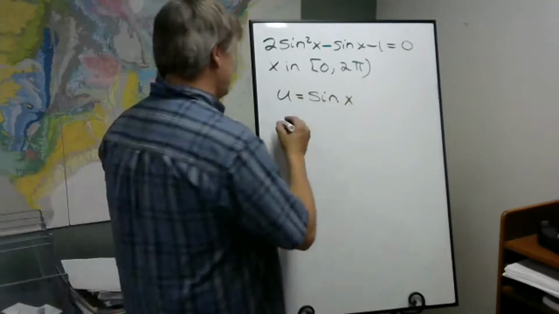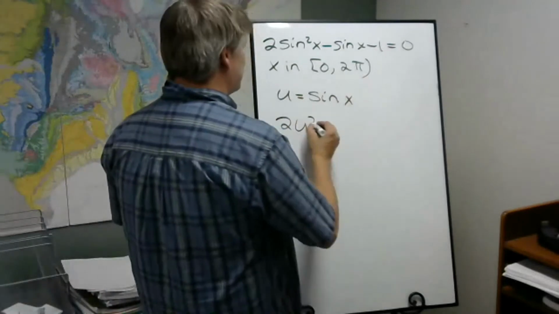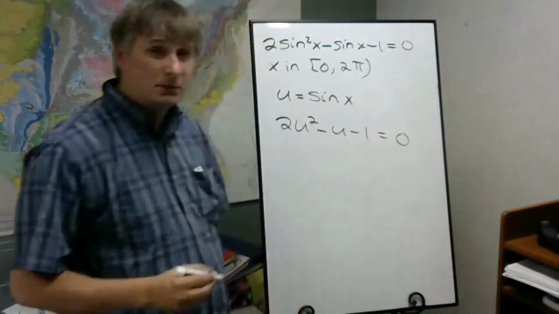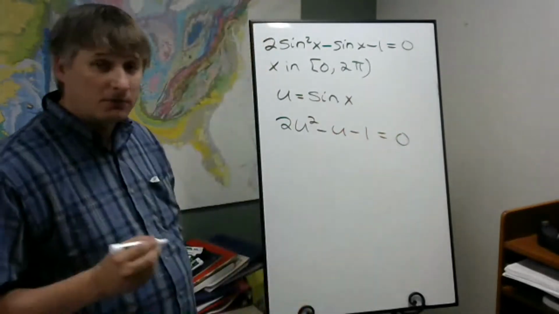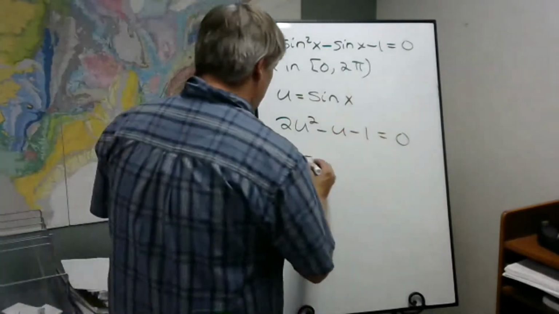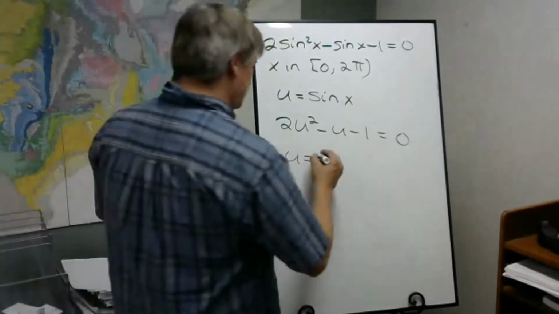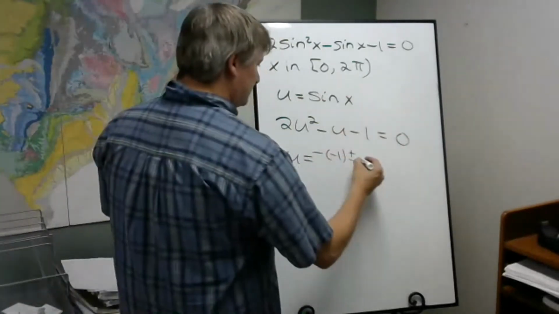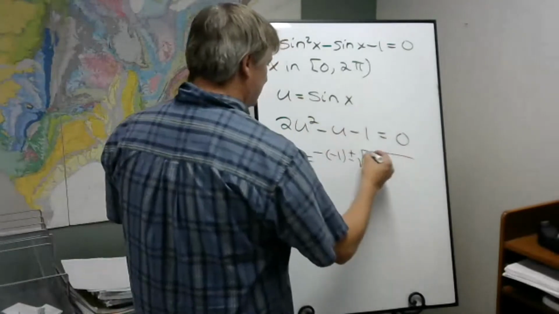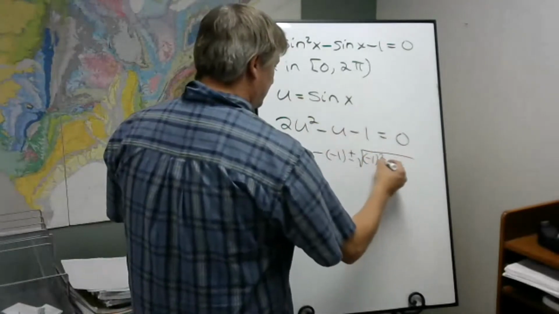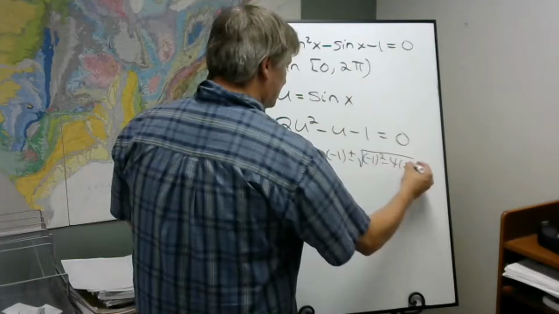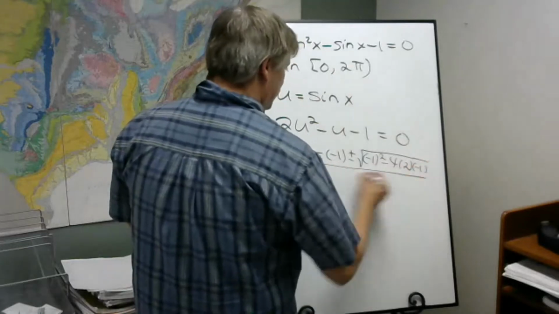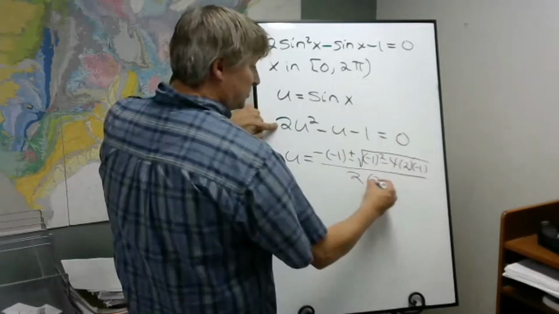If we do that, we get 2u squared minus u minus 1 is equal to 0. Solve for u. Use your quadratic formula. So negative 1 plus or minus the square root of negative 1 squared minus 4 times 2 times negative 1, divided by 2 times a, which is 2.